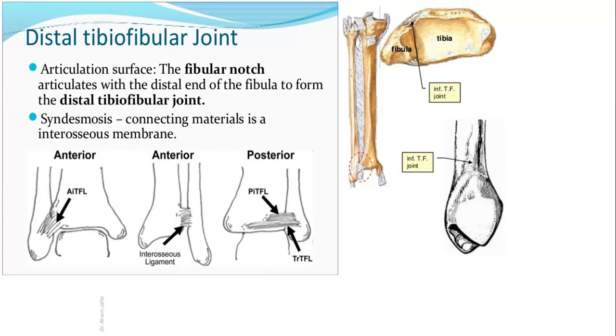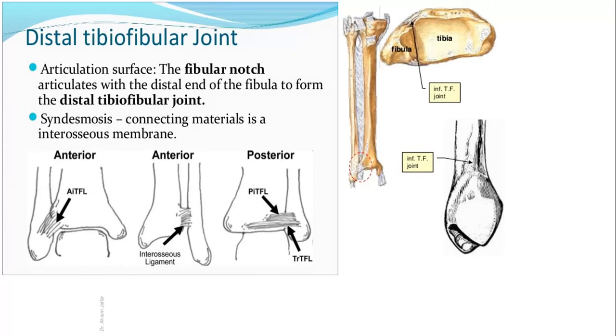So coming back to the distal tibiofibular joint, we have almost fulfilled our question here: this joint is between the fibular notch over the tibia at the lower end and the distal end of the fibula. And what type? It's a fibrous type.